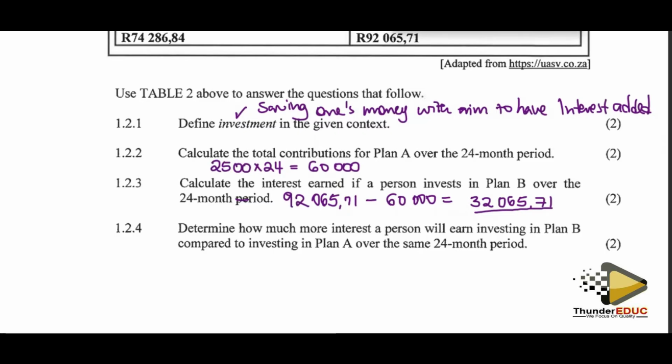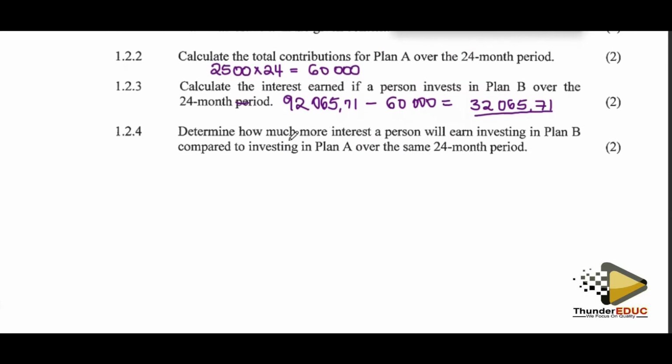1.2.4. Determine how much more interest a person will earn investing in plan B compared to investing in plan A over a period of 24 months. Remember, we already know that the person in plan A will also have invested 60,000, but what's the interest?